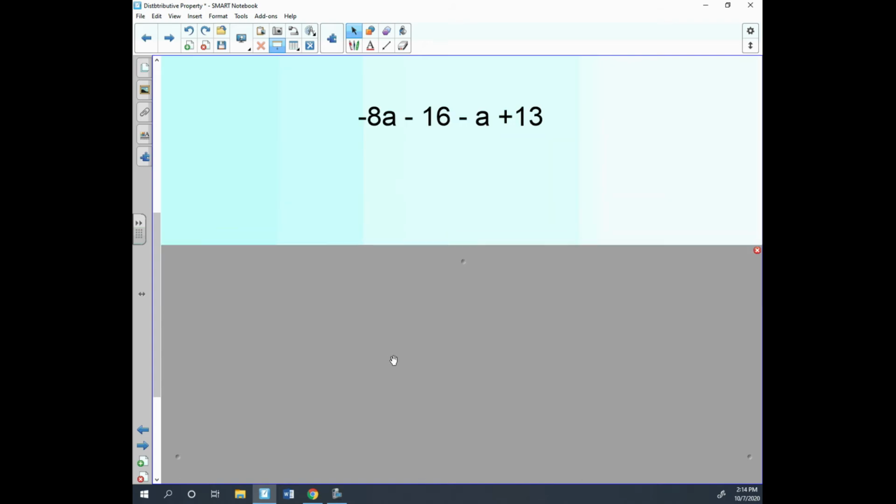How about we expand this a little bit more? Oh no, there's lots of stuff. No big deal. Let's smush them together. Combine like terms. I have negative 8a and I have minus a. Well, really that means there's a 1a. So I have negative 8 minus 1 more is negative 9a.